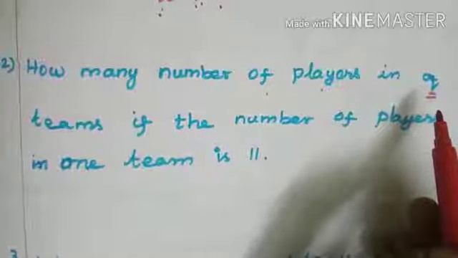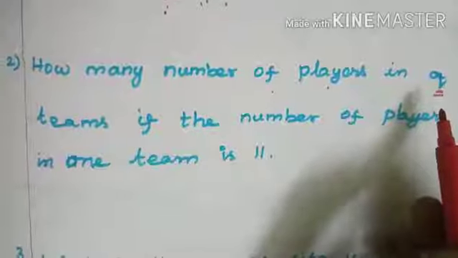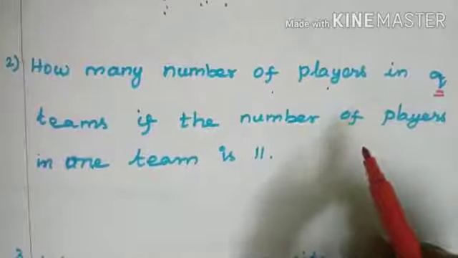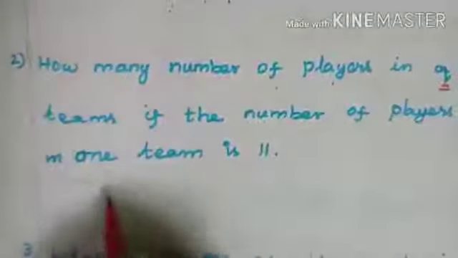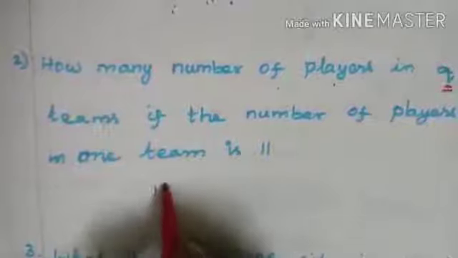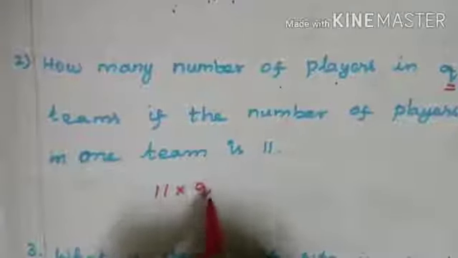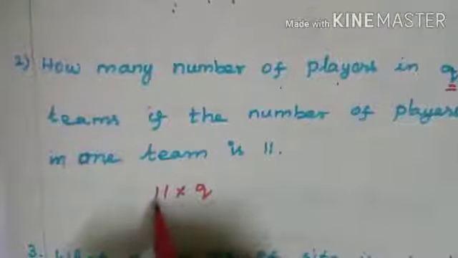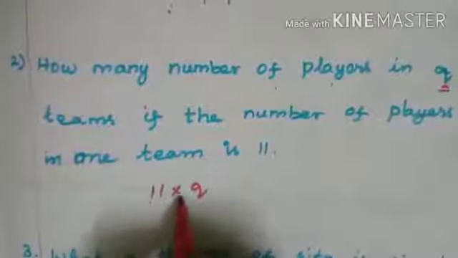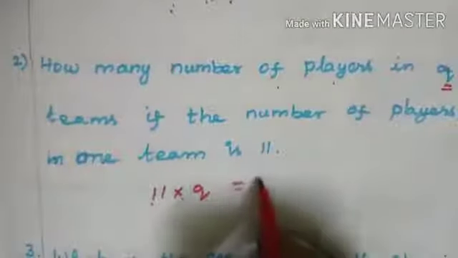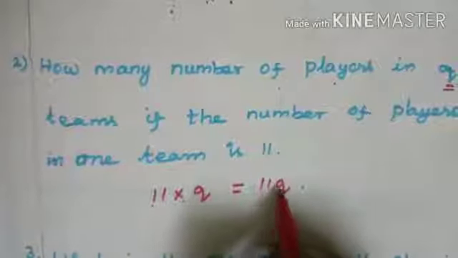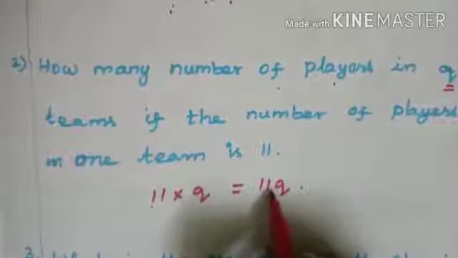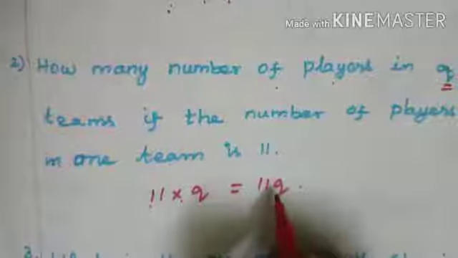We have to multiply, isn't it? One is given and many is asked means we have to multiply. Therefore we can write 11 into Q. So for Q teams, how many members will be there? 11 into Q, otherwise we can write 11Q. In between 11 and Q there will be a multiplication symbol.